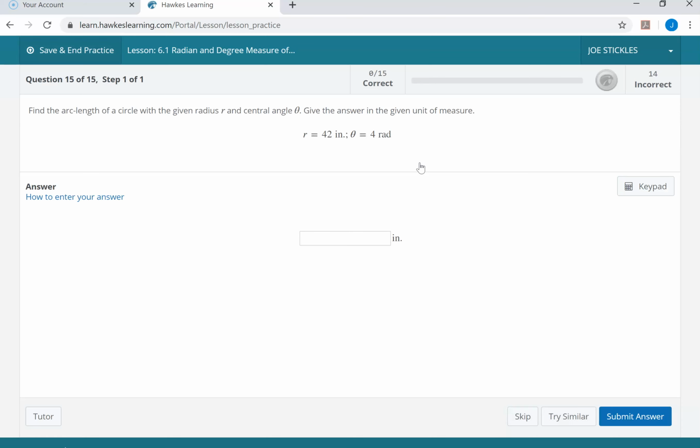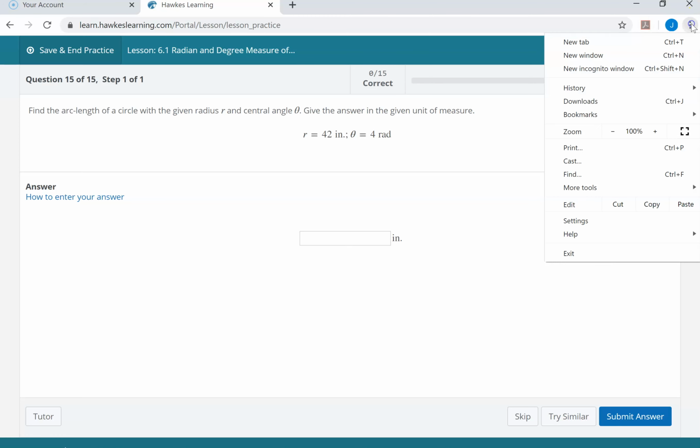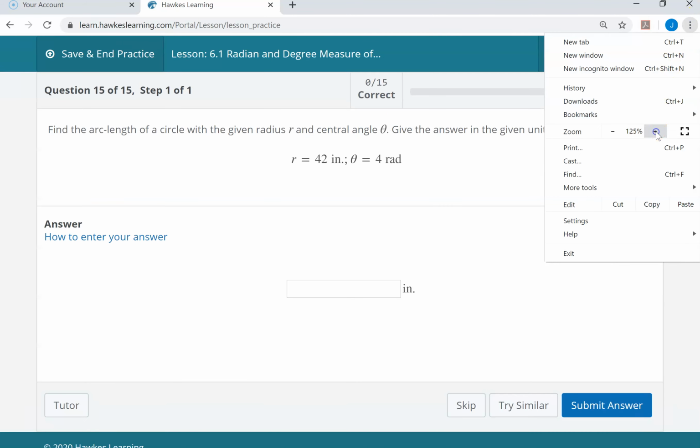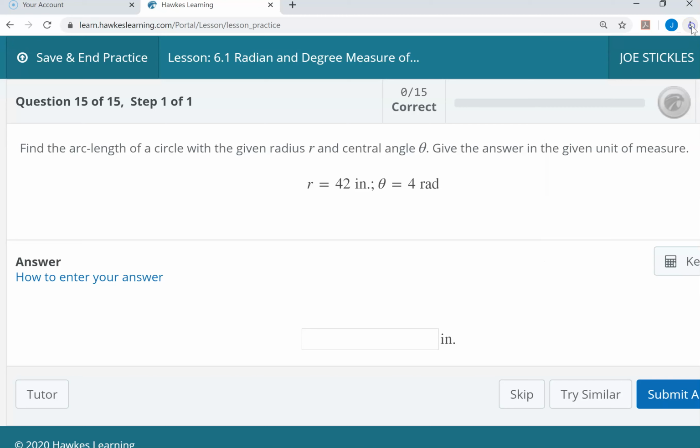In this case, let me see if I can zoom in a little bit so it's not so small. In a particular problem, it comes up and tells you to enter your answer here. This one's not necessarily a good example of what we need to do, but sometimes it'll require special characters, especially in here. Some of our answers will be in multiples of pi, so you'll need to make sure you can enter pi.